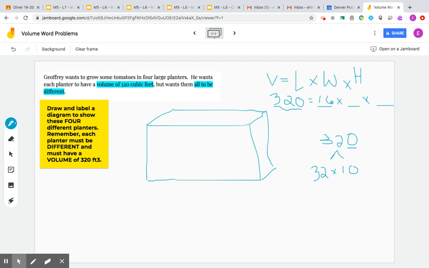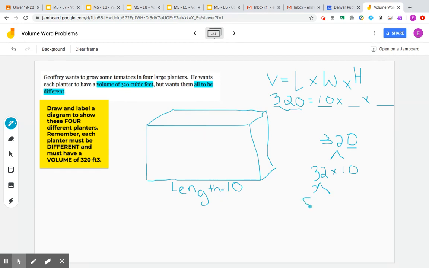And we're going to label it here, length. And we're going to put equals 10. I then can think about 32. What do I know about 32? I can make 32 by multiplying what 2 numbers together?